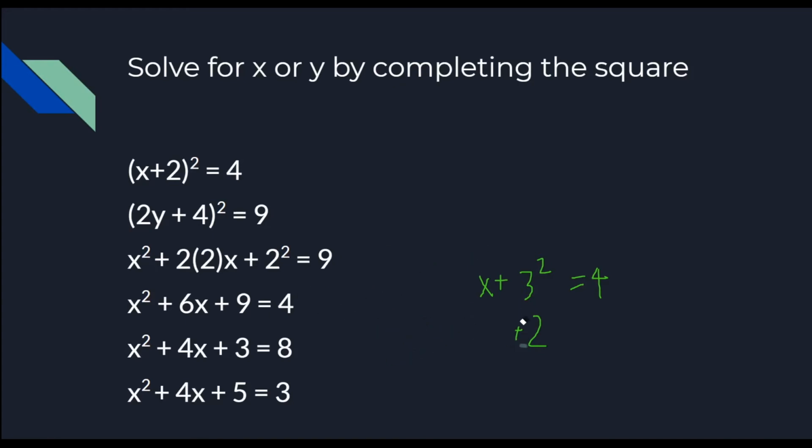This next one is a little bit tougher, but keep in mind you can add or subtract to both sides of the equation in order to make a perfect square. So x squared plus 4x plus 3 equals 8.